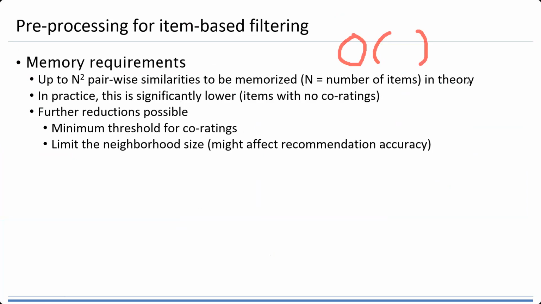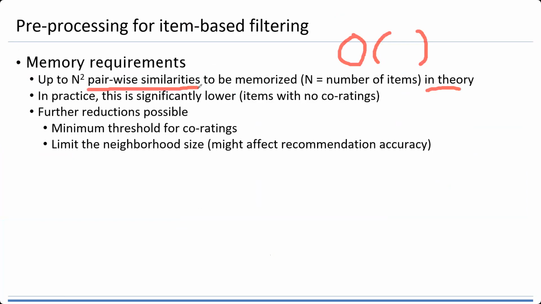So in theory, if you use the pairwise similarities, like this one, if it is a matrix, let's say this is n multiplied by m. We have n users and we have m items.